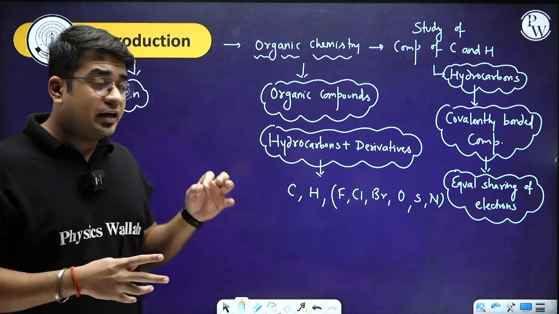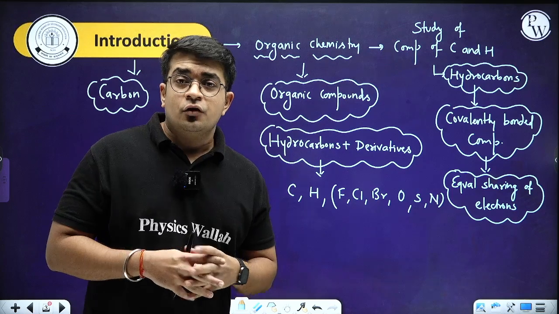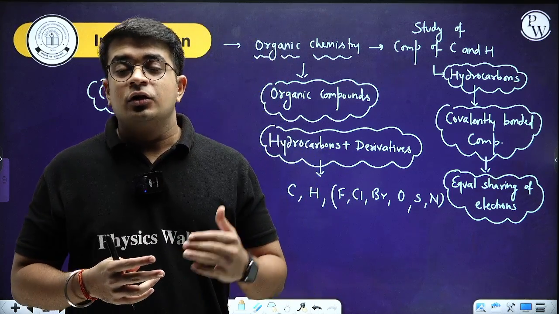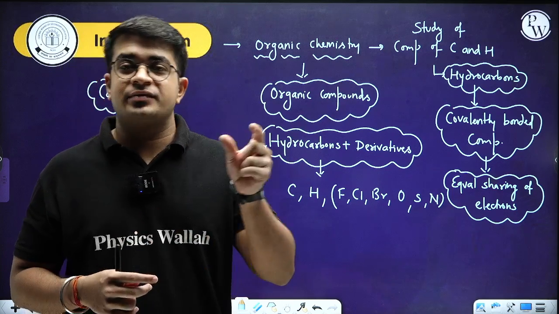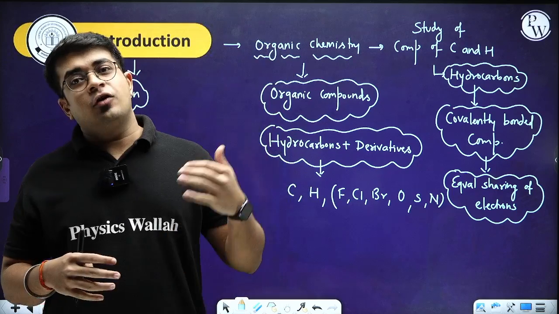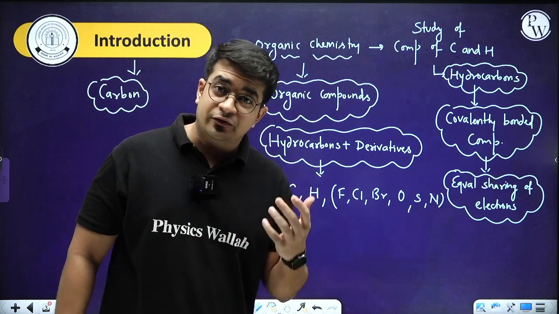But why are we selecting only carbon in this particular case? There are certain properties of carbon which are relevant to us. That's why we have chosen carbon to form different types of organic compounds, and the main composition is always carbon as well as hydrogen. When these two are covalently bonded, they can form different types of compounds. But there are certain properties of carbon which are very important.